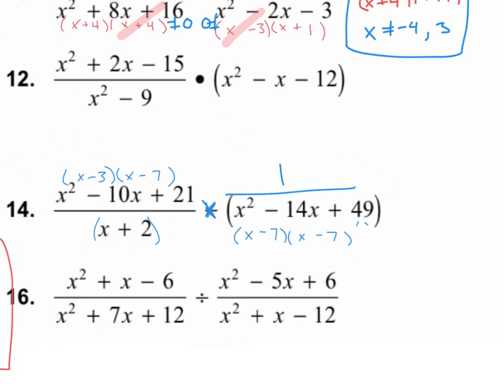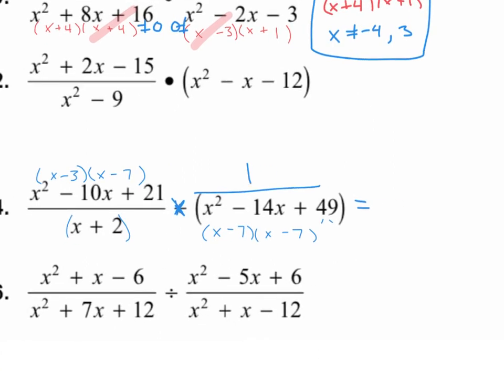So does anything cancel out? The x minus 7s. So what are we left with on the top? X minus 3. And what are we left with on the bottom? X plus 2 times x minus 7.